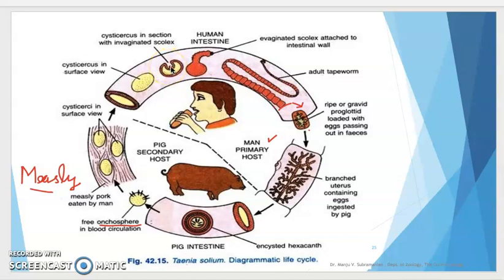The inpushing goes larger, and its tip, the rostrum, the hooks and the suckers, develop first, and this form of the embryonic scolex is called a proscolex. From this invaginated scolex, attached to the intestinal wall, it develops into the adult tapeworm.